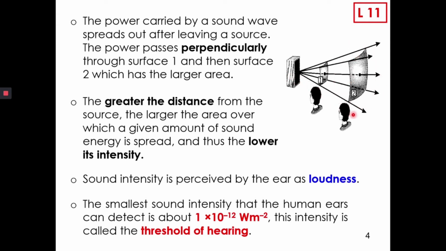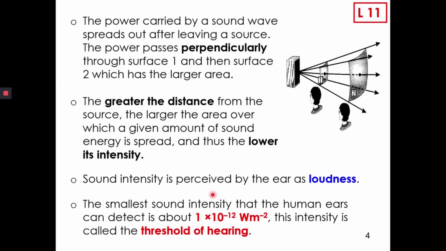Surface area 2 has a greater distance compared to surface area 1 and the area of surface area 2 is larger. What is the relation between the distance, the surface area, and the intensity of the sound wave? The greater the distance, the larger the area, but the intensity will become lower.